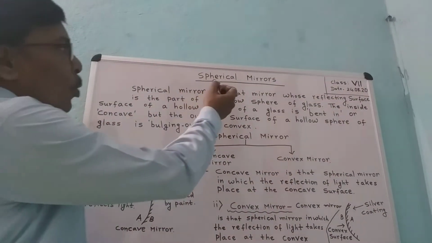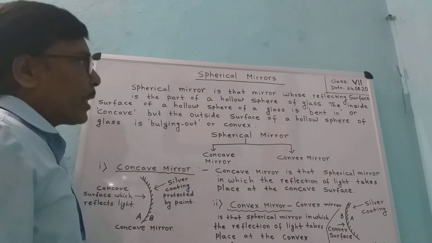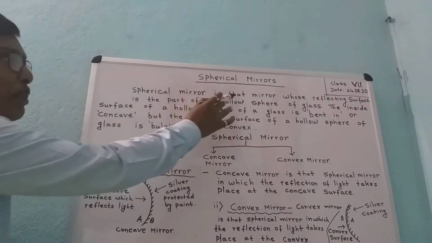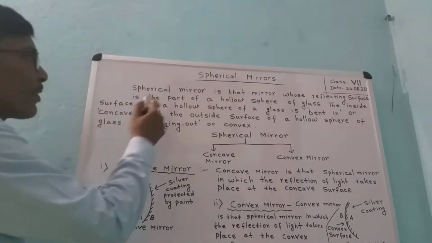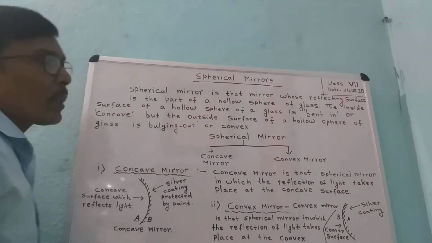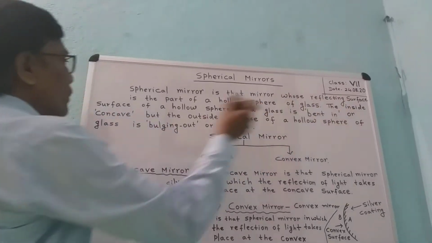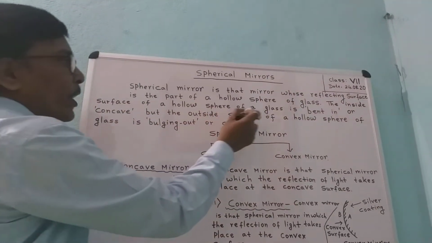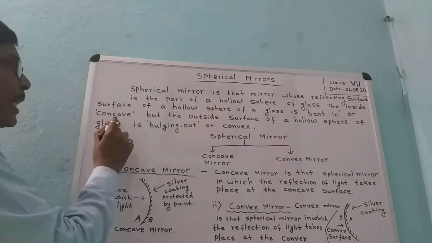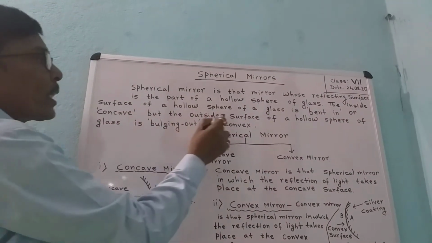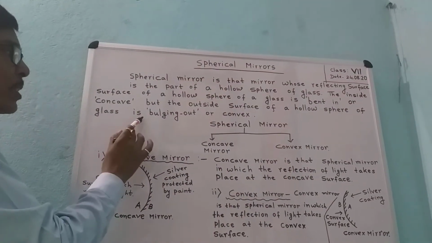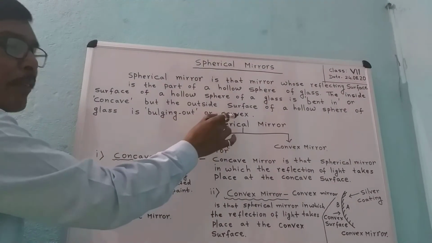Now what question arises? What is a spherical mirror? The spherical mirror is that mirror whose reflecting surface is the part of a hollow sphere of glass. The inside surface of a hollow sphere of glass is bent in, or concave, but the outer surface of a hollow sphere of glass is bulging out, or convex.